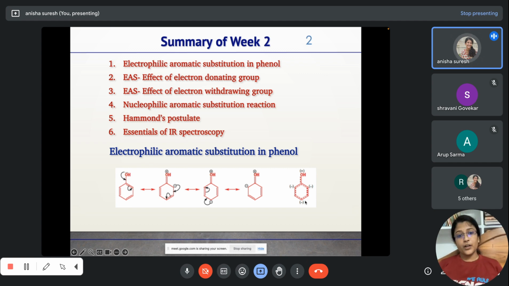If we are carrying out electrophilic aromatic substitution in phenol, for example a bromination reaction, so this is phenol, and if we carry out bromination in the presence of bromine and ethanol, the system is highly activated, and hence it will undergo bromination at three positions, that is the two ortho positions and the para position.